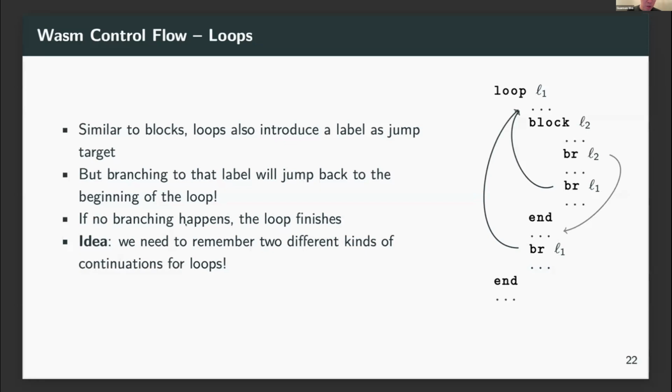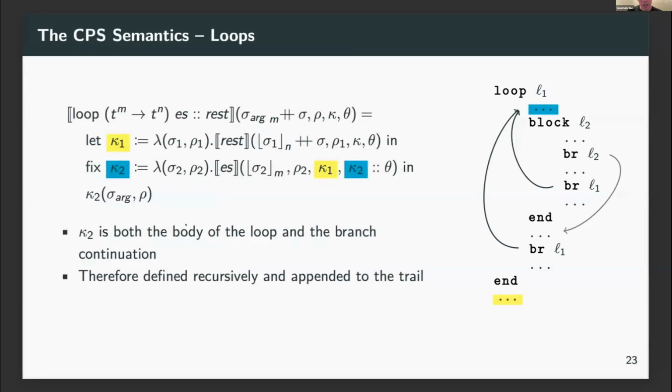Okay. So with that idea, now we are defining two different continuations, kappa 1 and kappa 2. And kappa 1 is really similar to the way we define it for block. It's a continuation for the rest of the instructions. And kappa 2 is both the continuation and also the loop entrance, right? So that's the loop body ES here.